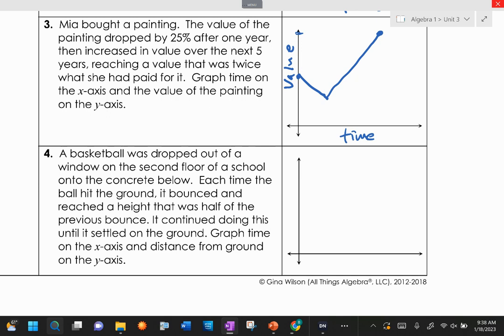Zoe, the next sentence. It continued doing this until it settled on the ground. Ryan, last sentence. Ryan, a little louder, I can't hear you. Ryan, don't let her talk to you like that. Wow. All right, do number 4.